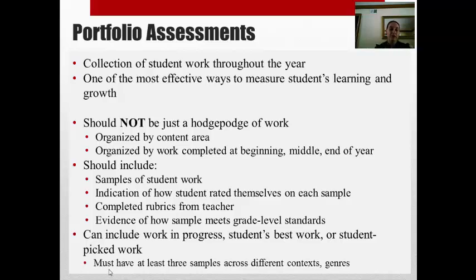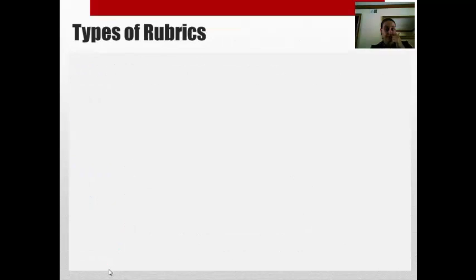You would have a more informal assessment, such as an observation that you've done, beginning, middle, end of the year. And also, for example, a student self-assessment, beginning, middle, end of the year. Right? And you would have other assessments that you give throughout, but at least 3 samples across different contexts so that you can see, again, your snapshots are varied, right? You're getting sort of multiple perspectives of what the student can do in the different genres.